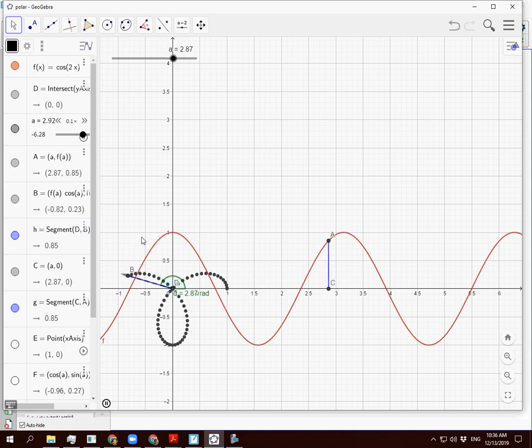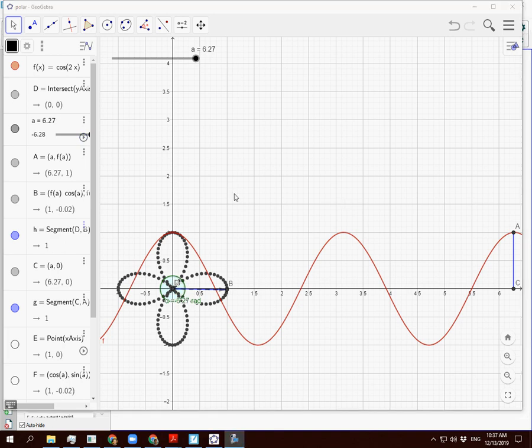And it becomes quite obvious where the function comes from. And I'll just speed it up a bit to finish up.